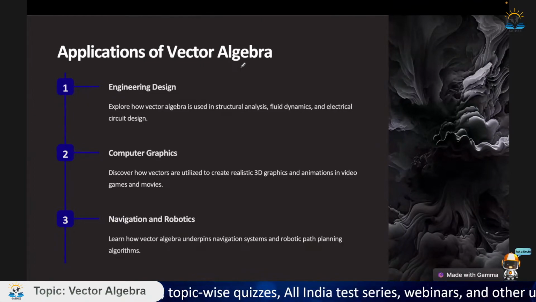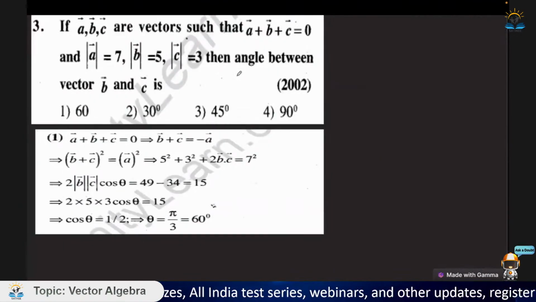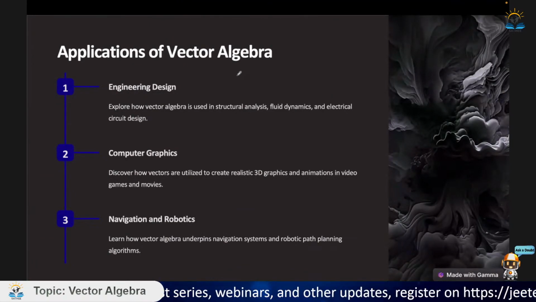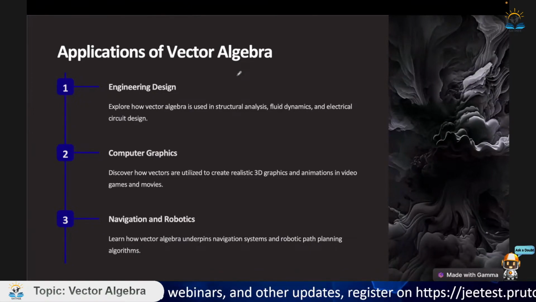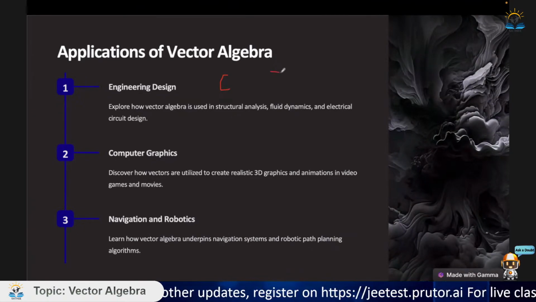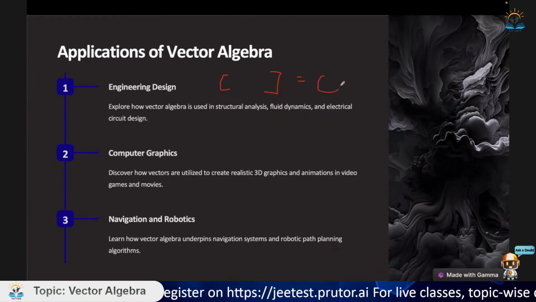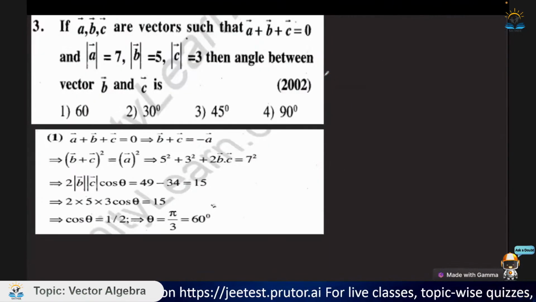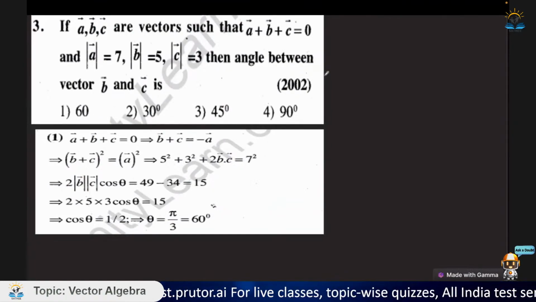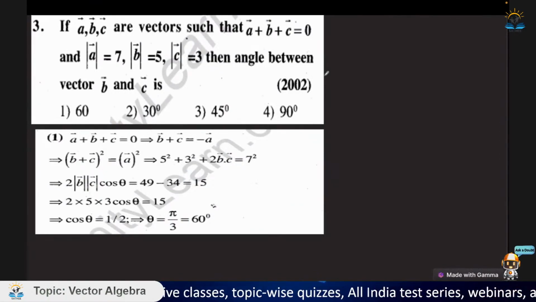The next is this property. Considering the box, we can find whether the three vectors are coplanar or not: if the box is equal to 0, then we can say that the vectors are coplanar. This is the application which I already told you.